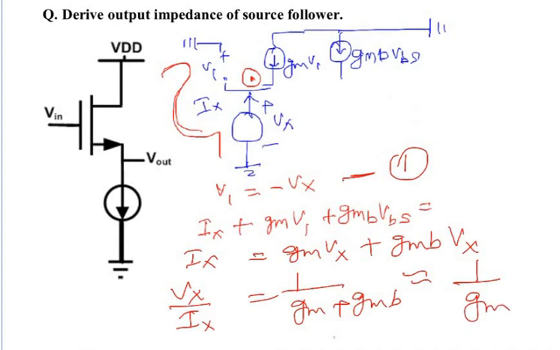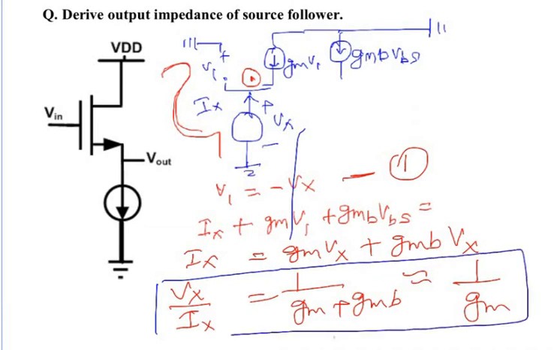So the output impedance of the source follower is approximately 1 by gm. This is a very important equation and it is usually asked in various interviews, and it is required in various questions for deriving either gain or impedance or some other things.